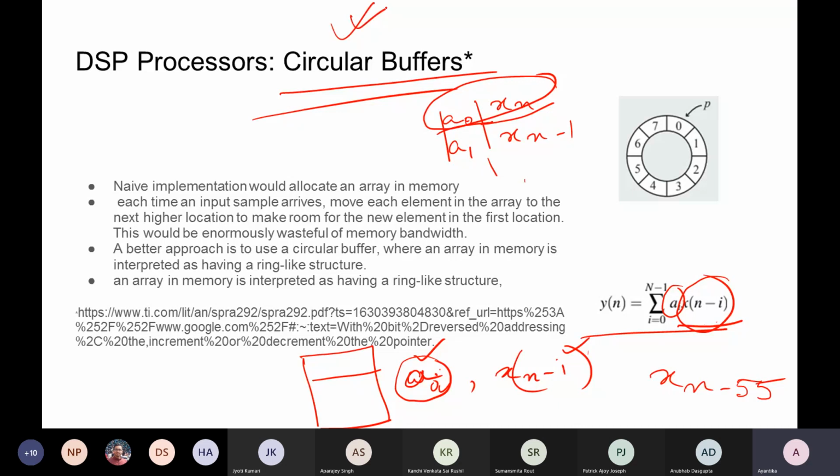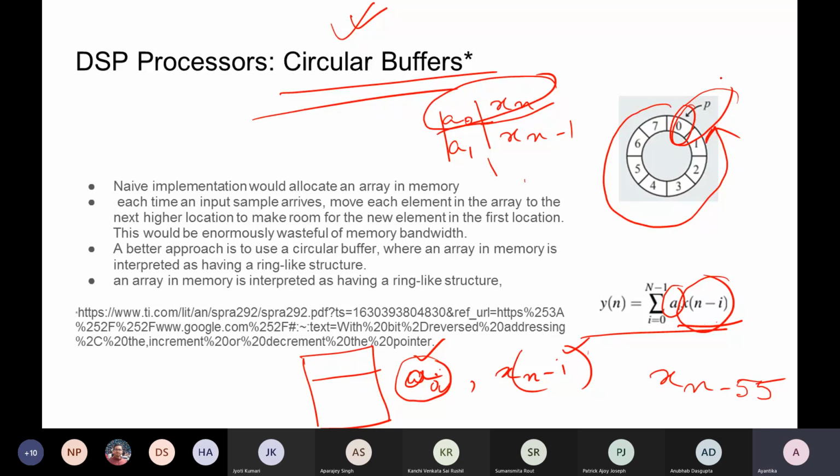You start at some location of this circular buffer and proceed this way. After some window, you are again reusing this place, and at that time the data you previously stored in that memory block is of no use.